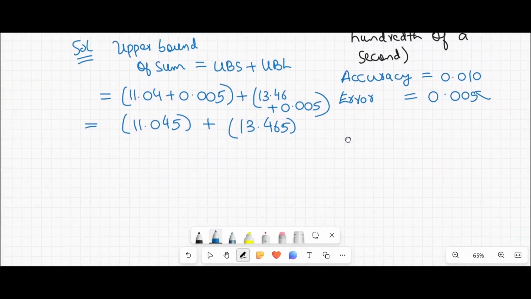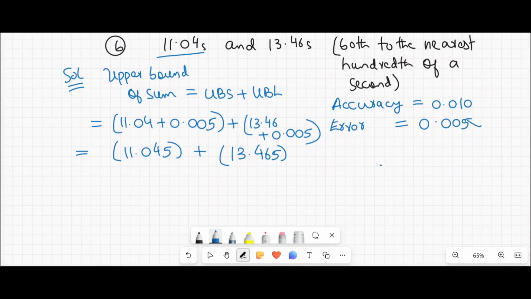13.465 plus 11.045. So 5 plus 5 you will get 0, 1 will go up. 6 plus 4 you will get 10, 10 plus 1 is 11, 1 will go up.